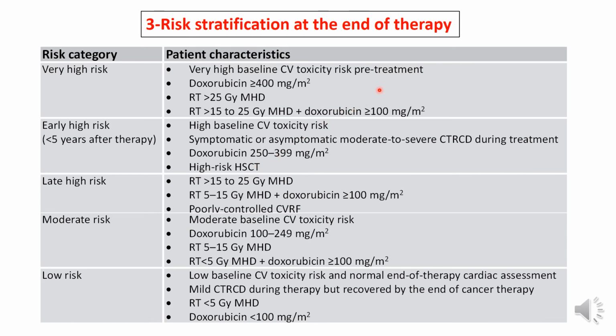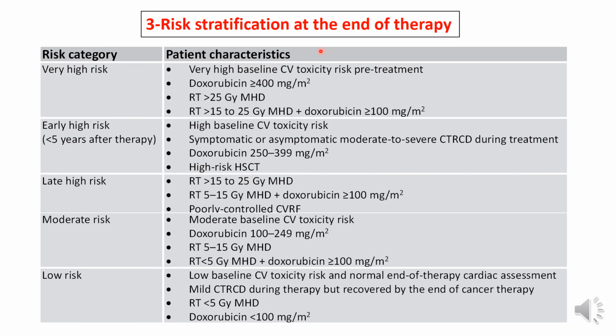Finally, we reached the final stage, which is long-term surveillance. At this stage, we should reassess the risk of the patient again, because along this long journey, we have new data about our patient.